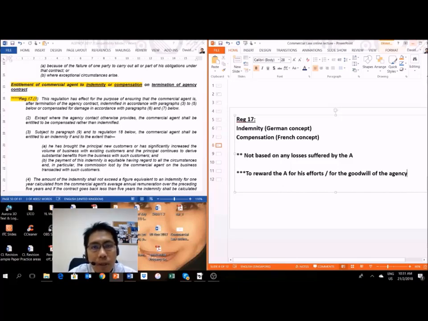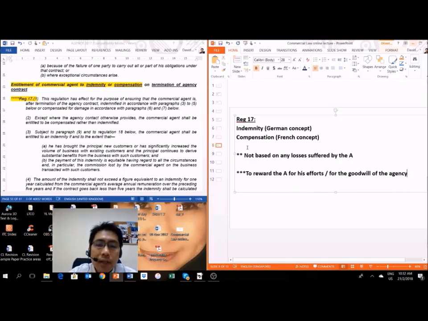But still, the bonus is discretionary, at the discretion of the employer and based on performance. It's not something that you are entitled to. What we're now seeing here is a statutory or rather regulatory entitlement, where the law prescribes that this is what the agent can ask for, recognizing his efforts and goodwill.